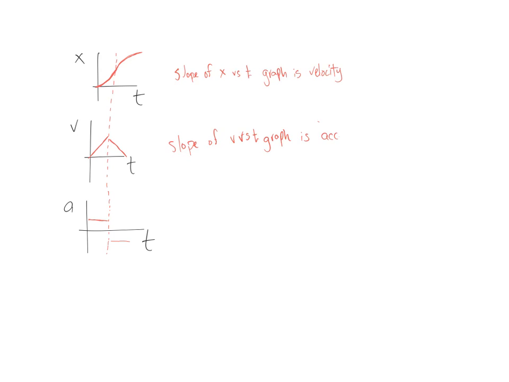Good. Now, one of the things we talked about a little bit in class today was the meaning of the areas. You already know that this area here and this area here look like our object returns to where it started. Does our object return back to the position where it started?